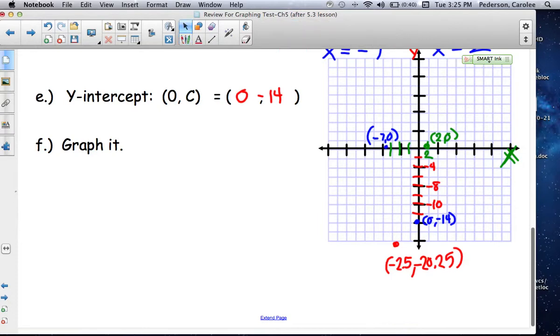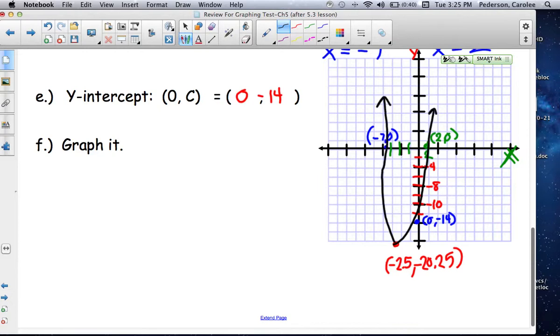Now we can go ahead and graph our parabola. This is our vertex, our y-intercept, x-intercept, x-intercept. And remember, that axis of symmetry runs through the vertex. I'm going to stop the lesson there. We're at about 8 minutes.